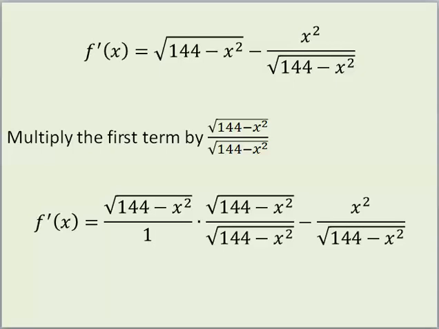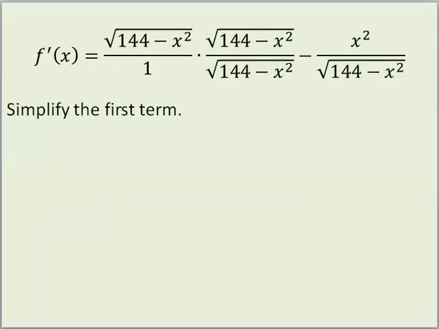And this is what we get. Okay, we got a little bit of cleanup to do. Simplify the first term. Notice that I have radical 144 minus x squared times radical 144 minus x squared in the numerator. In the denominator, I have 1 times radical 144 minus x squared.